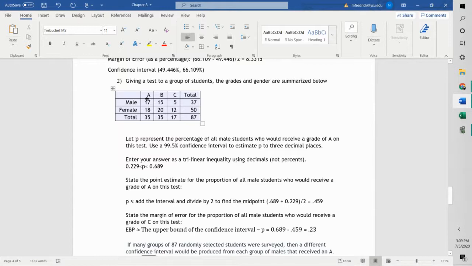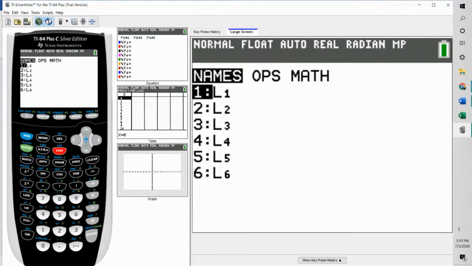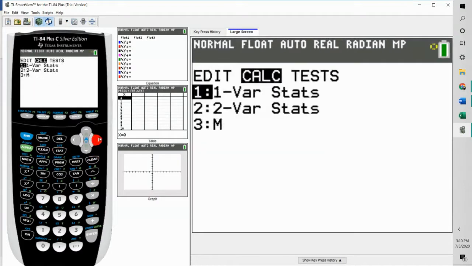And anyways, for the all male students, so that means we're only using the male, so it's out of 37 who got an A. So it's 17 out of 37, and we want a 99.5% confidence interval. Going to the calculator. Stats, over to test.